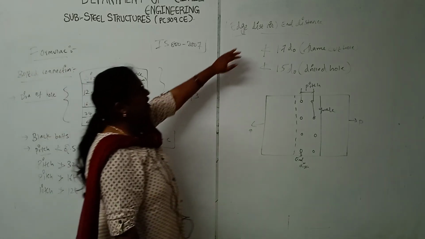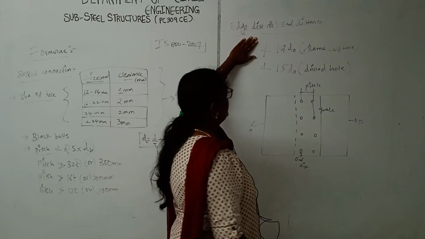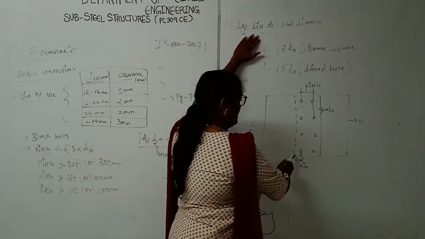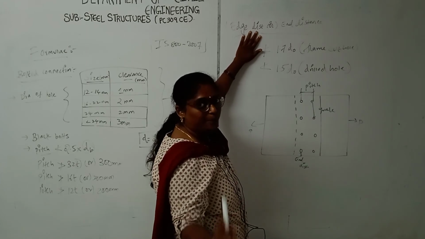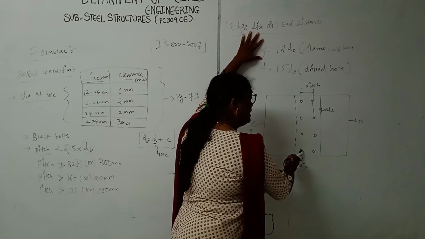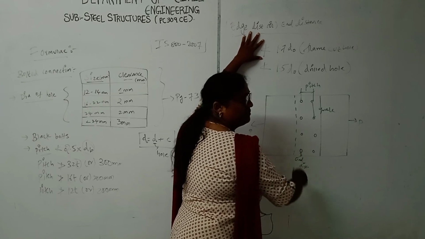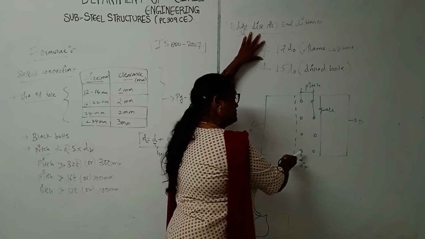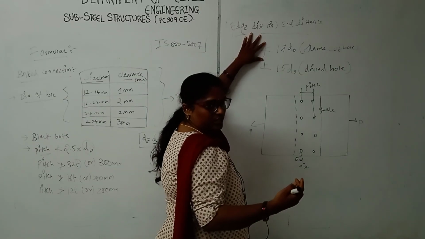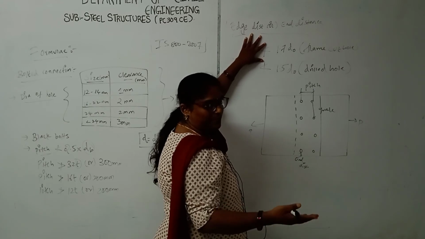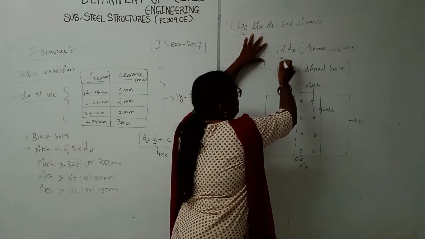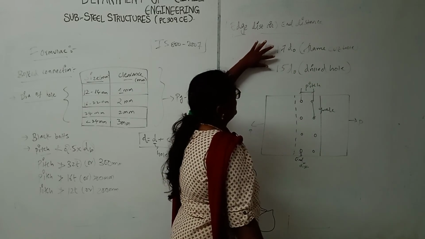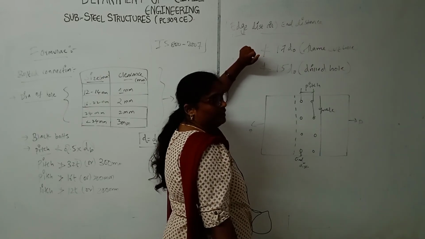And next one is the edge distance. The edge distance plays a vital role. If you won't provide a proper edge distance, what happens? The bolt tries to come outside. It tries to push your plate, and it leads to the bearing failure. So we have to provide 1.7 into D naught.